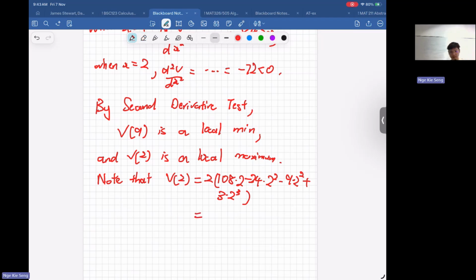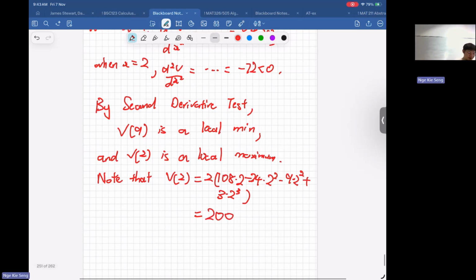So I think it should be 200. But I haven't computed what V(9) is. Can anyone compute V(9) here? It should be smaller than this number.